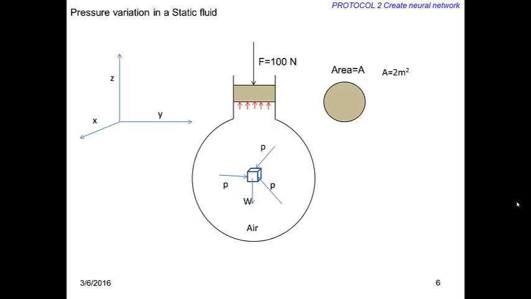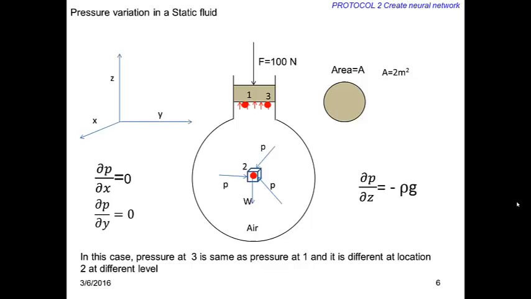It can be shown mathematically, using the static equilibrium conditions, that for a static fluid, pressure varies only in the vertical direction and remains the same at the same horizontal locations. In this case, pressure at location 3 is the same as pressure at location 1 and it is different at location 2, at a different level.